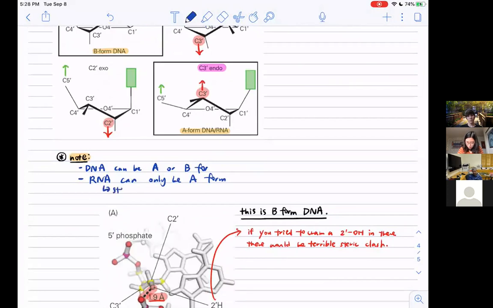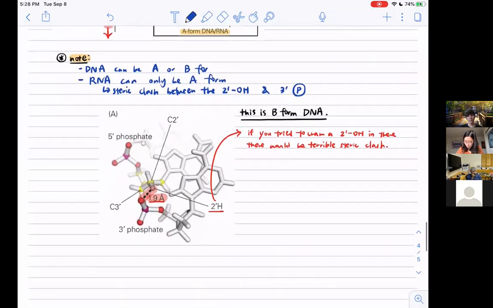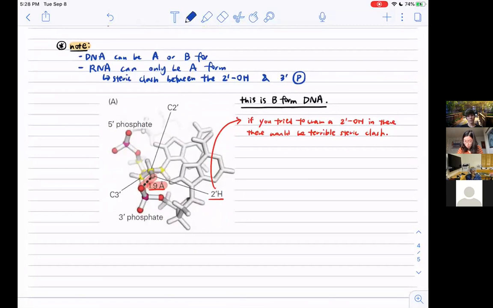It's because of steric clash between the 2' OH, which is the difference between DNA and RNA. DNA does not have that 2' OH, and the 3' phosphate of the backbone. And so here, I included a picture of B form DNA. Sorry, I tried to make it very clear that this is B form DNA.